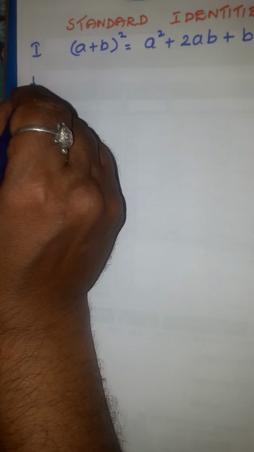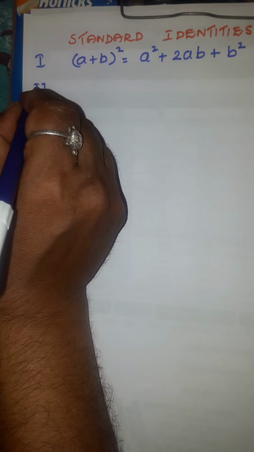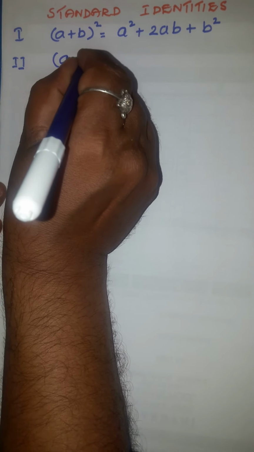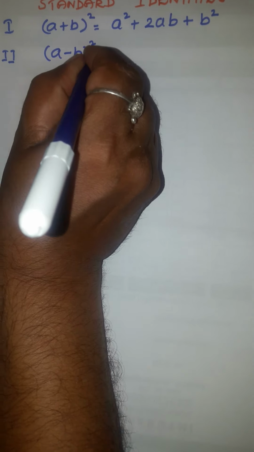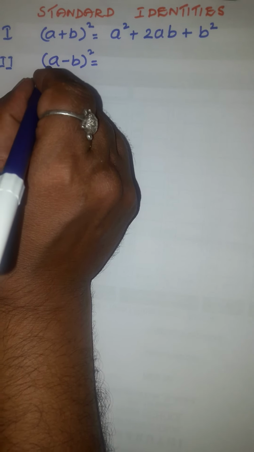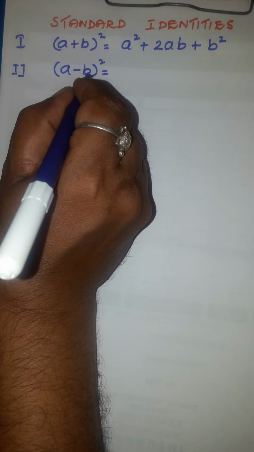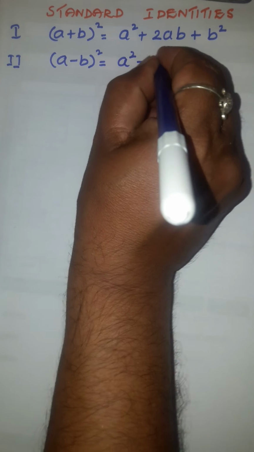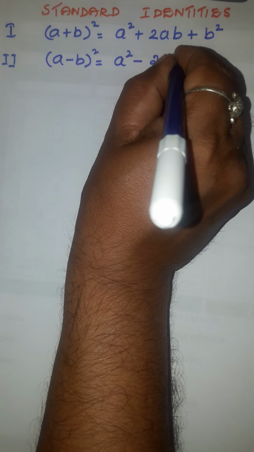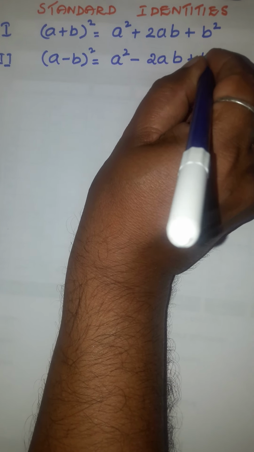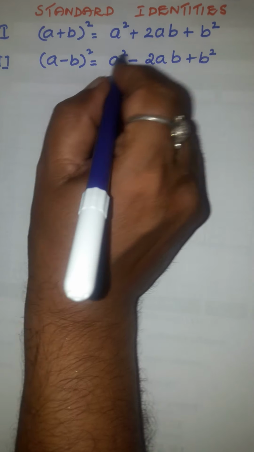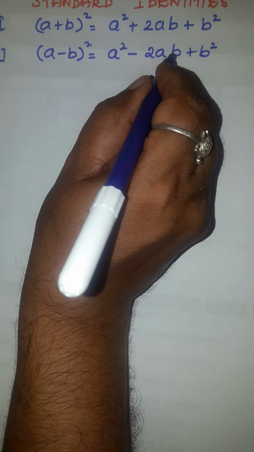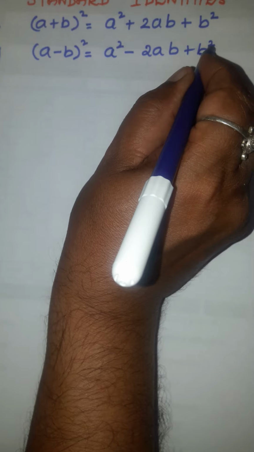Now let us learn the second standard identity. A minus b whole square is equal to, that means when we multiply a minus b by a minus b, we will get a square minus 2ab plus b square. How can we remember? Square of the first term minus 2 into first term into second term plus square of the second term.